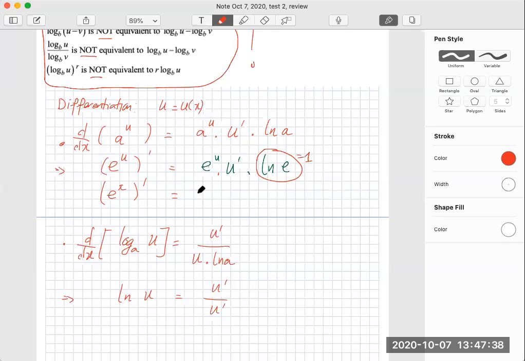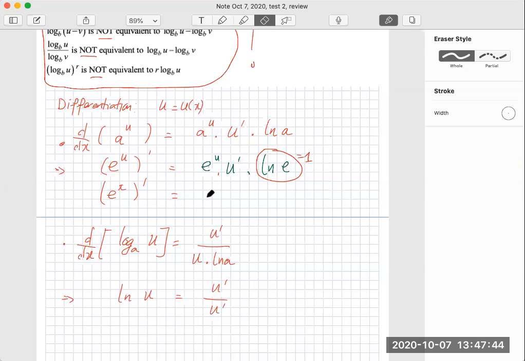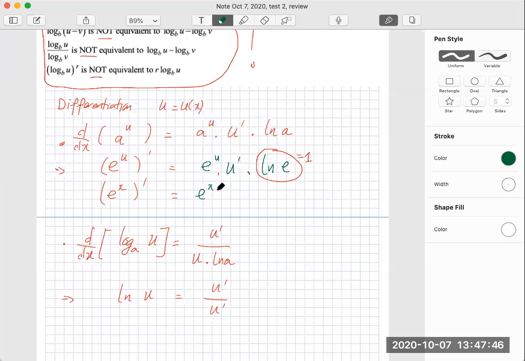So e to the u in this case becomes e to the x, right, from the above formula, times x prime times ln of e, which will be e to the x. Okay? So just remember one formula, recover everything.